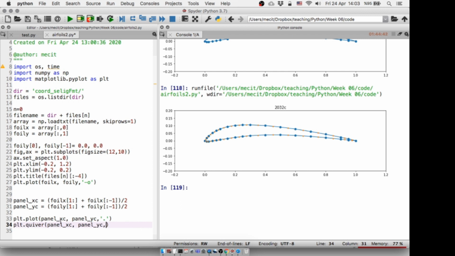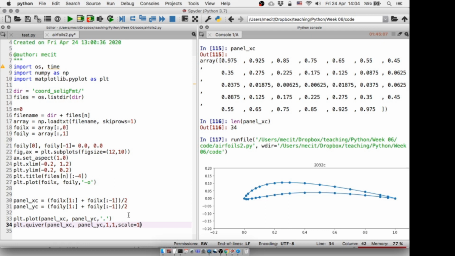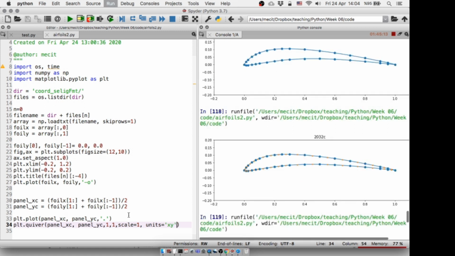So this is like an irregular coordinate set for the X and Y. And let's apply the same vector on each of these points, and then I can do a scale. I think this is going to be large, but I can change that in a moment.